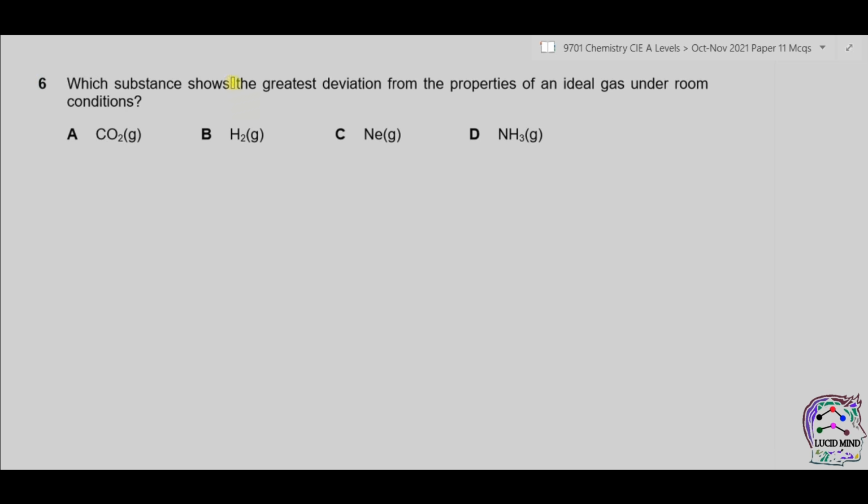Question 6. Which substance shows the greatest deviation from the properties of an ideal gas under room conditions? Now we can say that an ideal gas is a gas which has the lowest molecular mass value and which has the least forces of attraction between the molecules, or no forces of attraction between molecules.